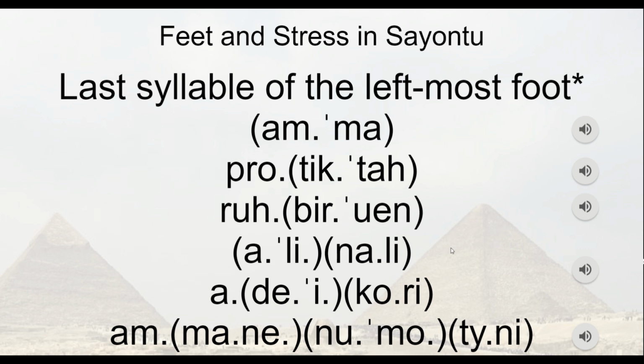So now let's move on to 4-syllable words, such as Ali Nali, where because it has 2 feet, the main stress will be on the last syllable of the leftmost foot, so it will be li, and same with Adei Kori, although this has 5 syllables instead of 4, but it still applies, where the stress is on the last syllable of the leftmost foot, as you can hear in this audio.